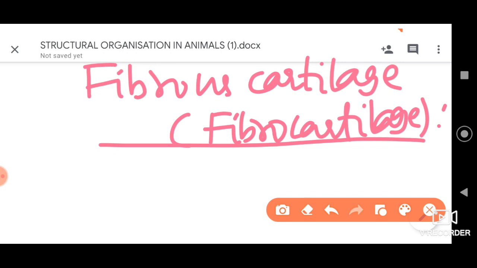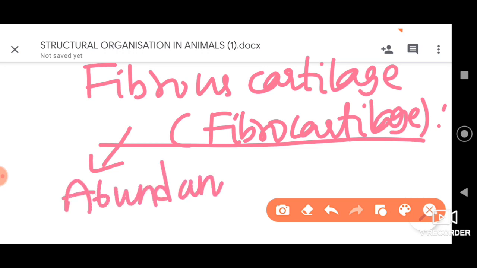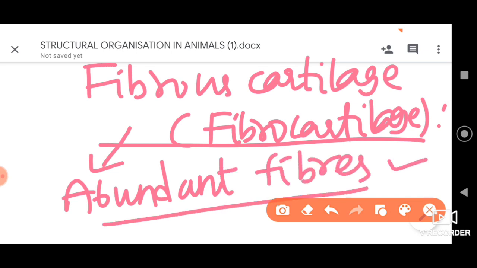In their matrix there are abundant fibers. That means more flexibility can be seen because of the presence of fibers. And furthermore, it has great compression ability. That means it can be compressed to very high levels because of the presence of abundant fibers.